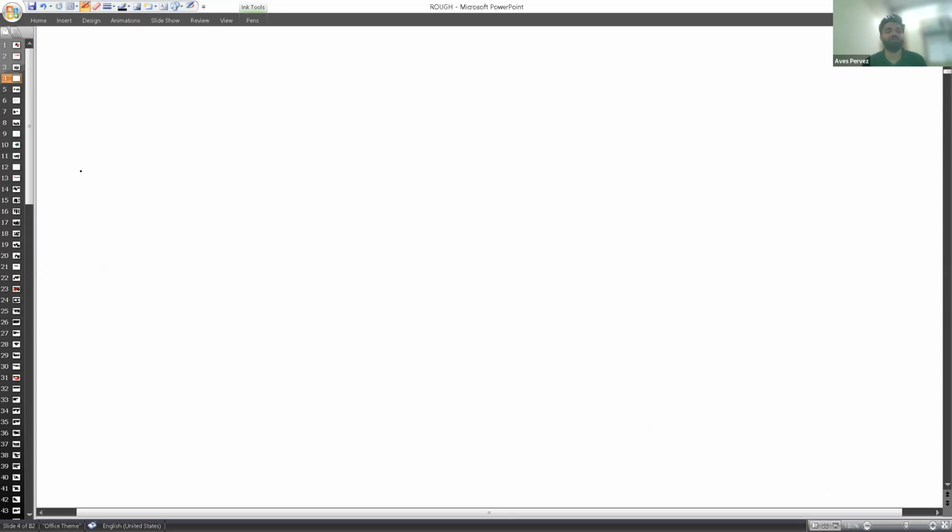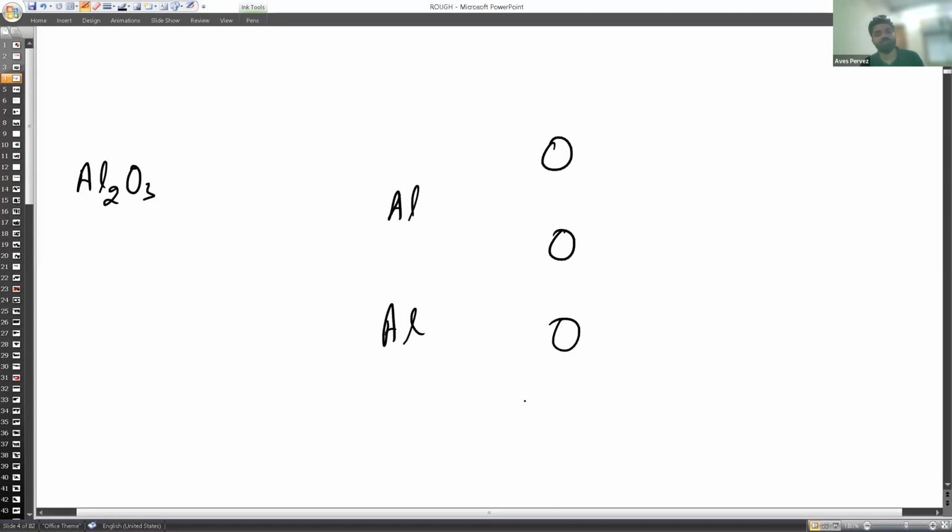How will you draw the structure of Al2O3? You will take 2 aluminium ions, 3 oxygen atoms. Try to draw the structure of Al2O3. Or you have to do this one in the homework, okay? Try to do this one in the homework. We will provide you the structure of Al2O3 and some other elements in the homework.